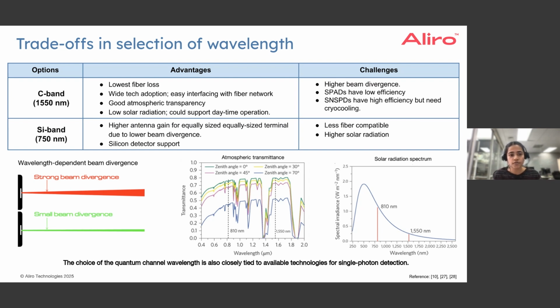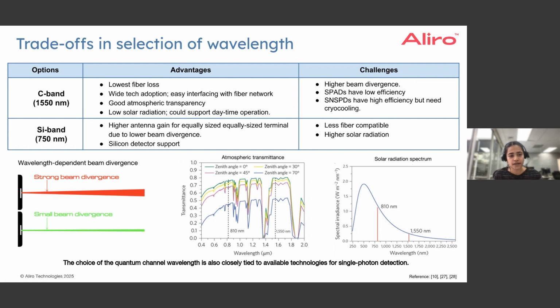So it allows for easier interfacing with those networks if we work at that wavelength band. There is lowest fiber loss, so it just makes sense to try to move towards that wavelength band even for satellite to ground communication, so that eventually we can have efficient coupling from the free space satellite to ground link to the terrestrial telecommunication link.